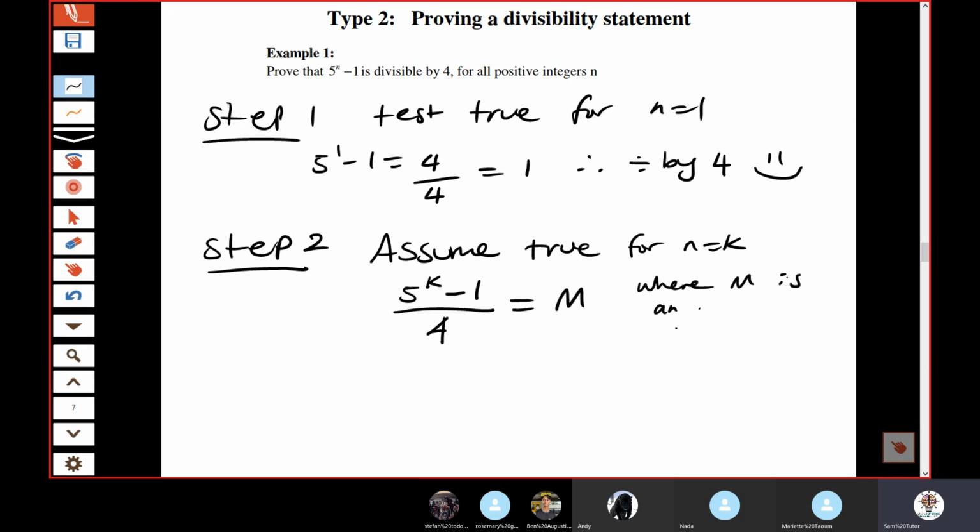Because if I told you negative 25 is divisible by 5, it's fine, as long as it's an integer, as long as it gave you 5. You can write positive integer or integer. I'm just going to write integer because I feel like it can be negative, not in this question, but in general. So in general, we might as well just write integer.